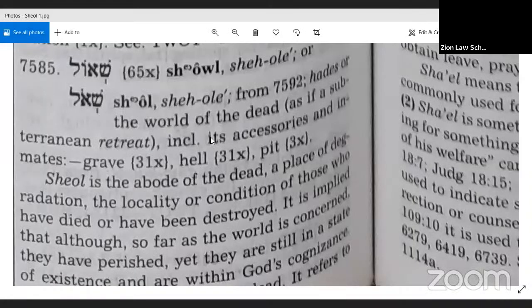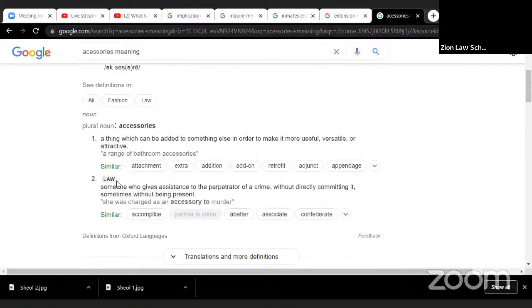So now let's look at this. Okay, so including its accessories. So I'm thinking, what might these accessories be? Are these accessories people? We just looked at the definitions. Or entities, let's say people, entities, whatever.